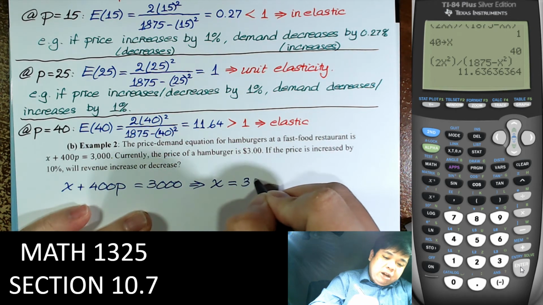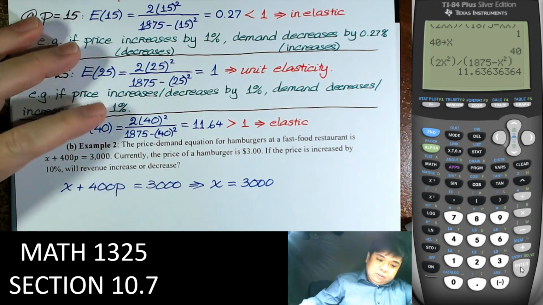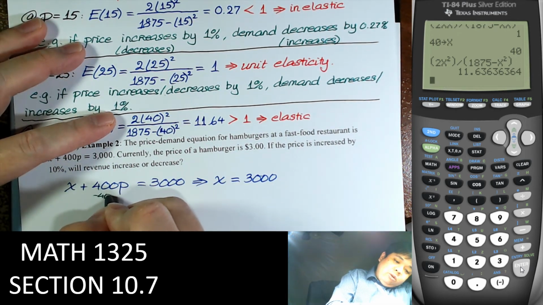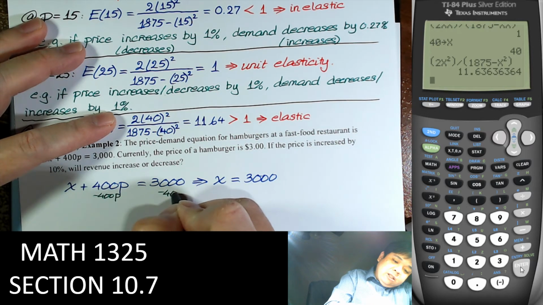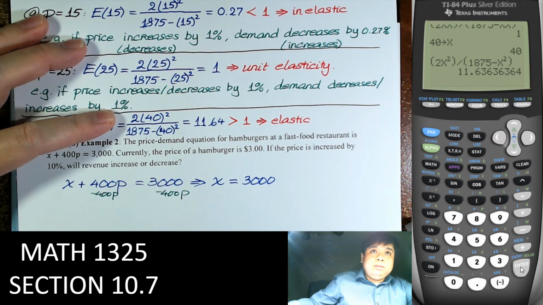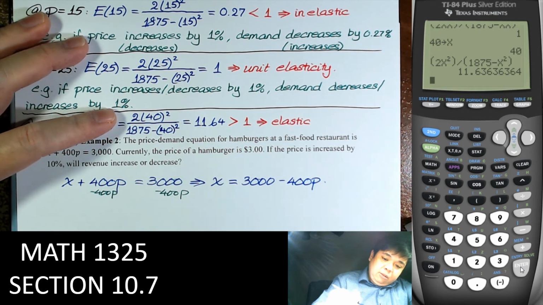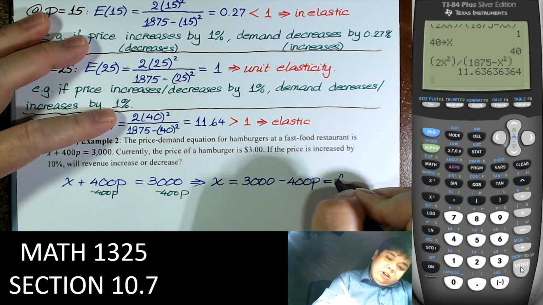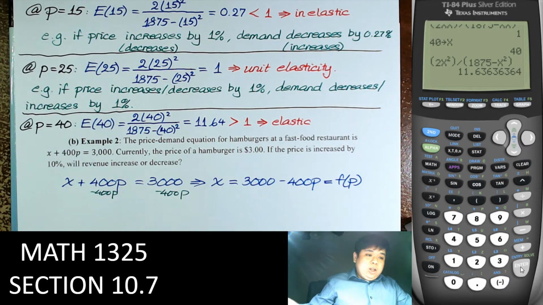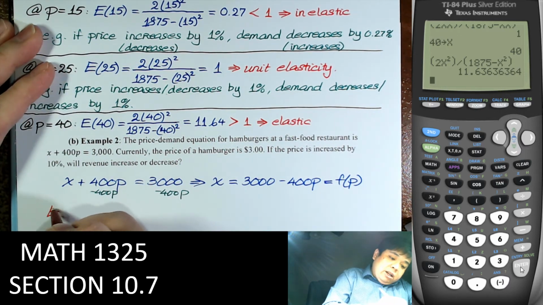it will be 3000 minus 400p, and we define this to be the function of p. So we can find the elasticity of demand.